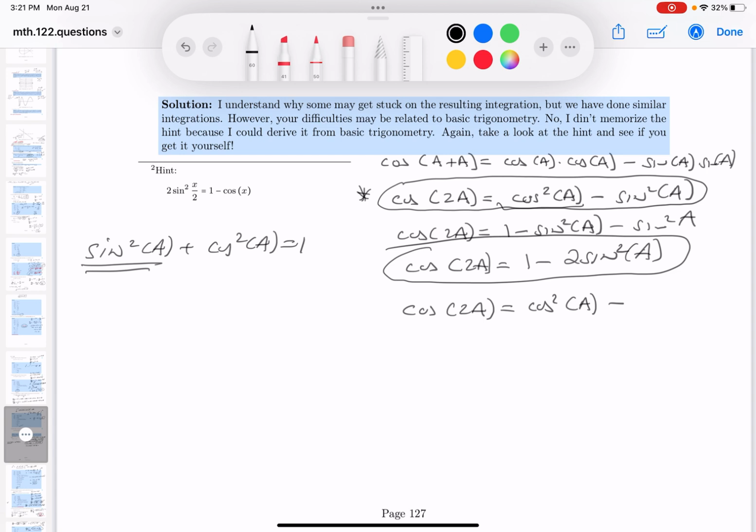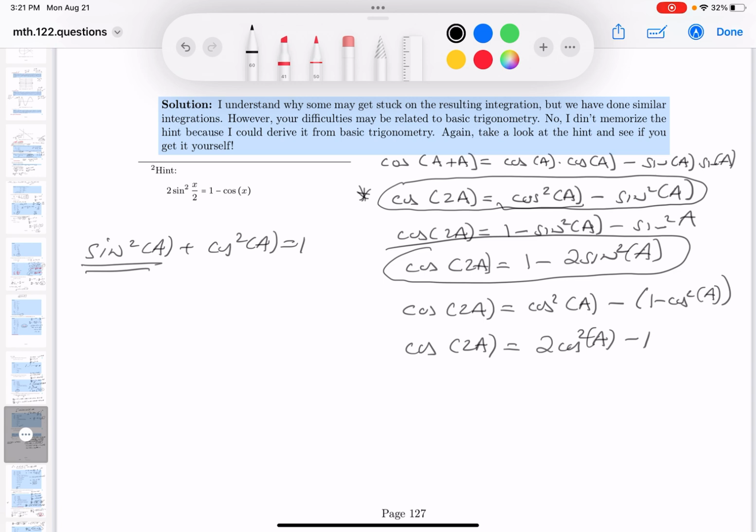What's sine squared going to be? 1 minus cosine squared. Write that down. Whoops. 1 minus cosine squared of a. What do you get over here? Cosine 2a. And then I get 2 cosine squared a minus 1.